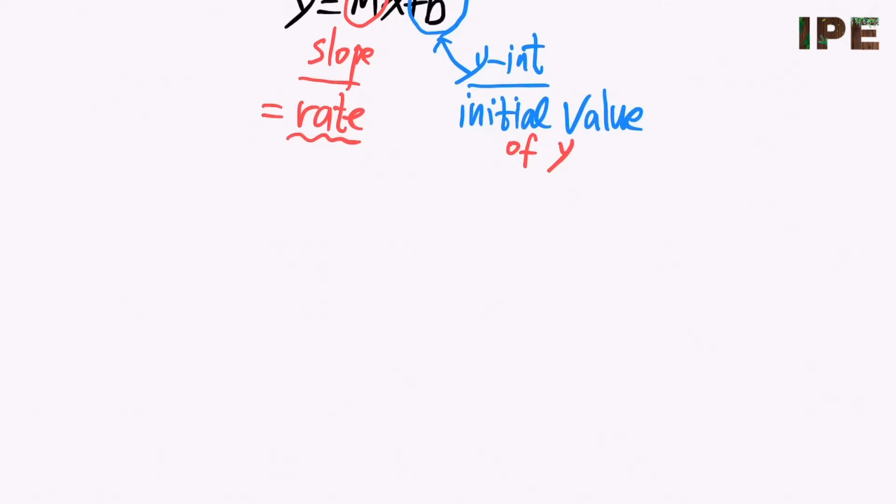Something like how many people the population has increased for 1 year, how much profit the company made per 1 month, per 1 unit of x. How much y value is increased or decreased? That's the rate.